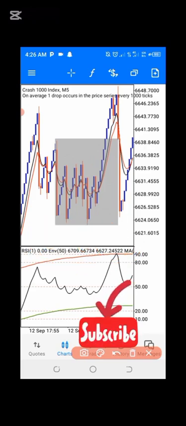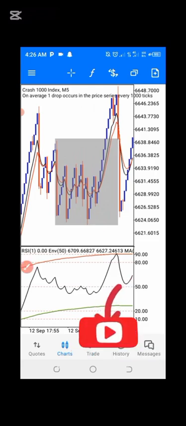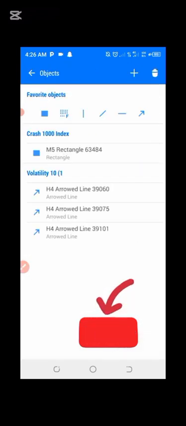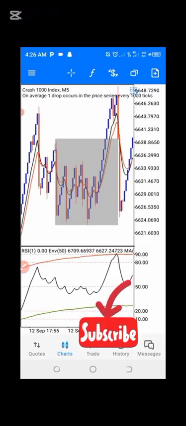Now let me show you how we get to that level and how we actually integrate it on our chart. So click on this F plus. Now I already have my Fibonacci.